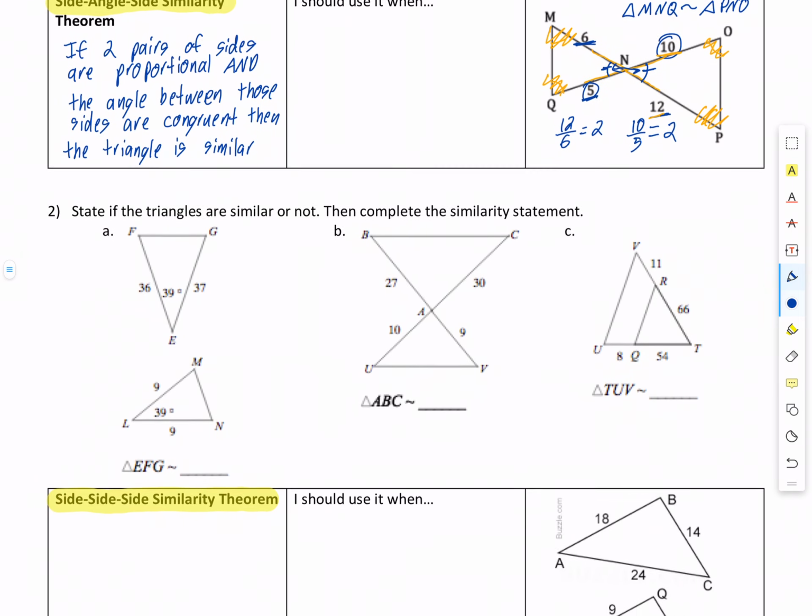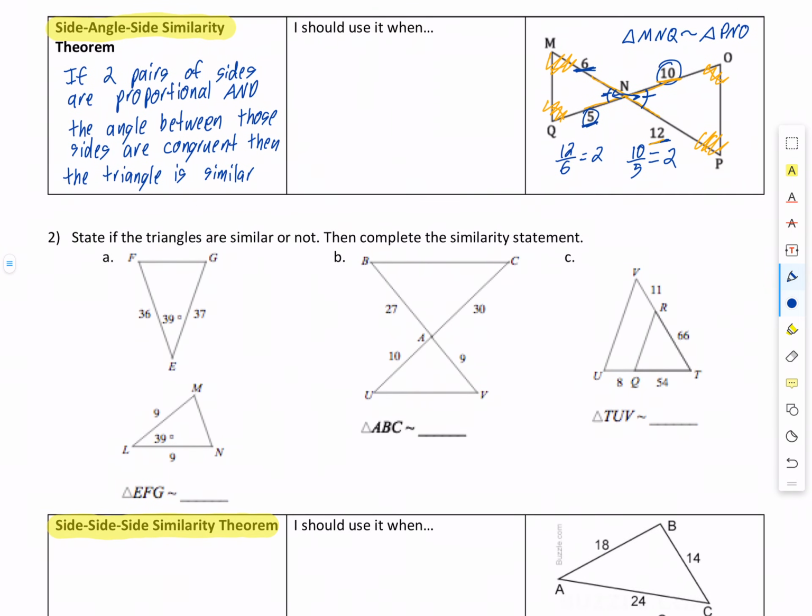Okay, so let's go ahead and see if we can apply this. On this first one with 2A, first let's check the sides because we need the sides to be proportional. So if we look at this side FE, that needs to be proportional to ML. So we'd have 36 over 9, and that would be equal to 4.